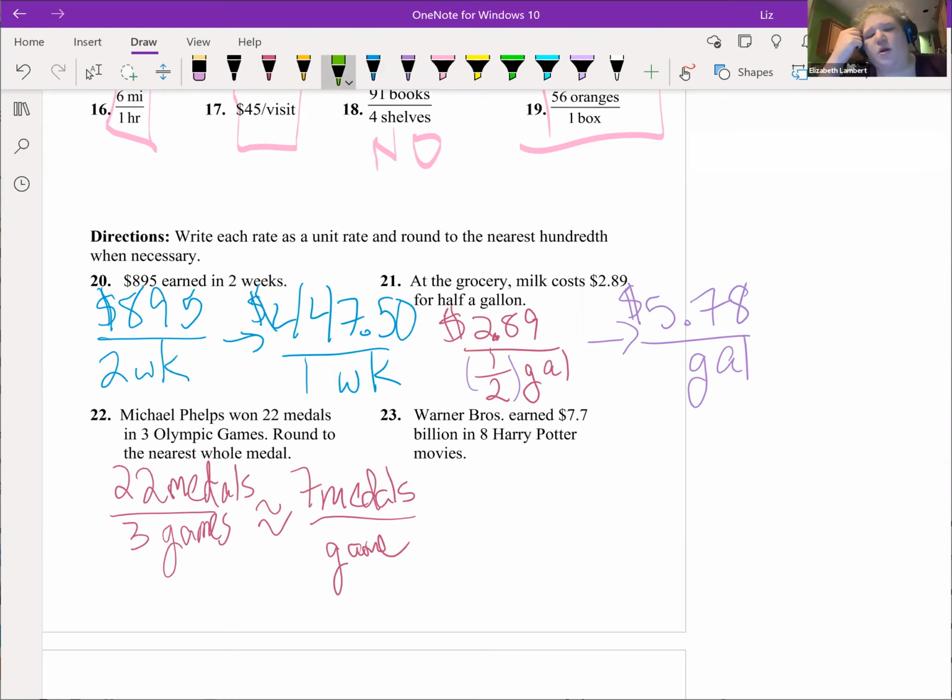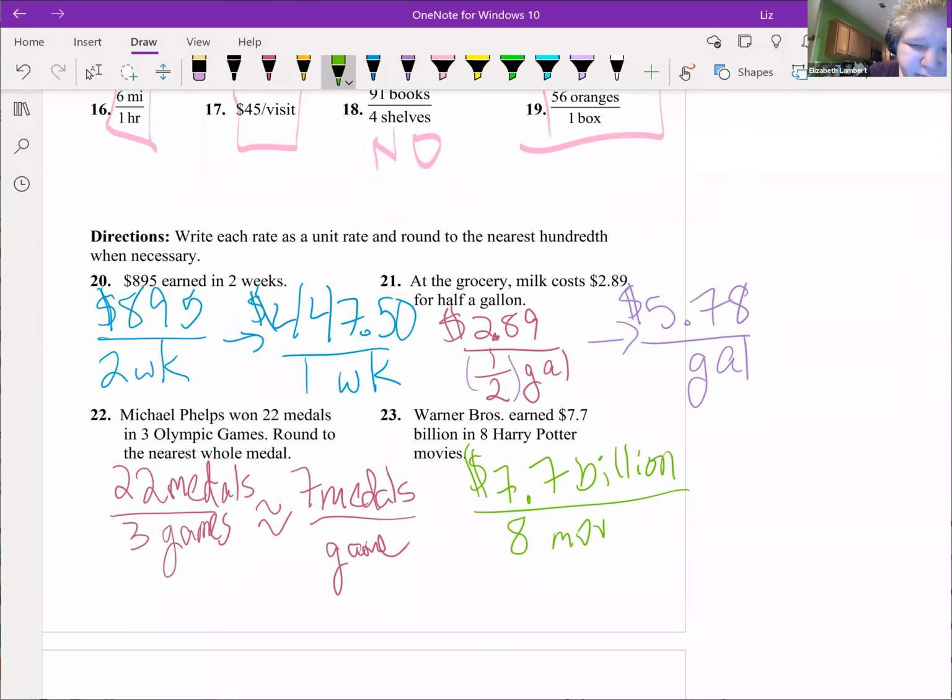And then our last one, Warner Brothers earned $7.7 billion in 8 Harry Potter movies. Yeah, we're not going to talk about the way movie industry money works. We'll just crunch the numbers. So 7.7 billion as a word, 8 movies. So we're just going to crunch 7.7 divided by 8.